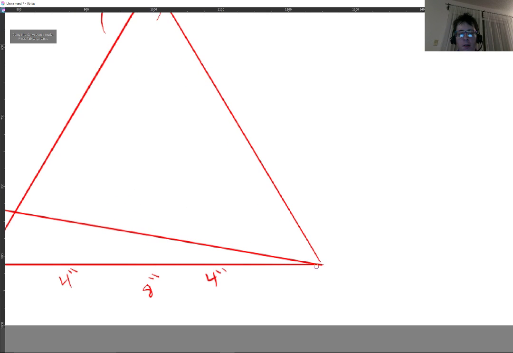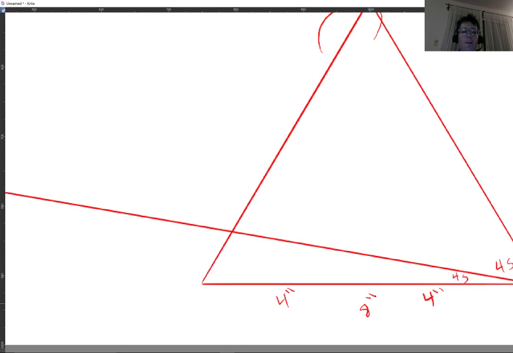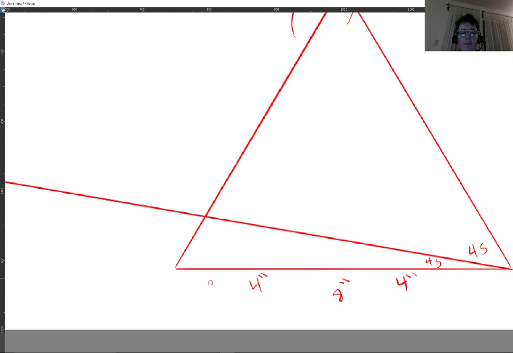First off, we know that this is a 90-degree angle, that these are 45-degree angles, and that if this is exactly 45 degrees, then if this whole side is 8, actually, get rid of these 4s.